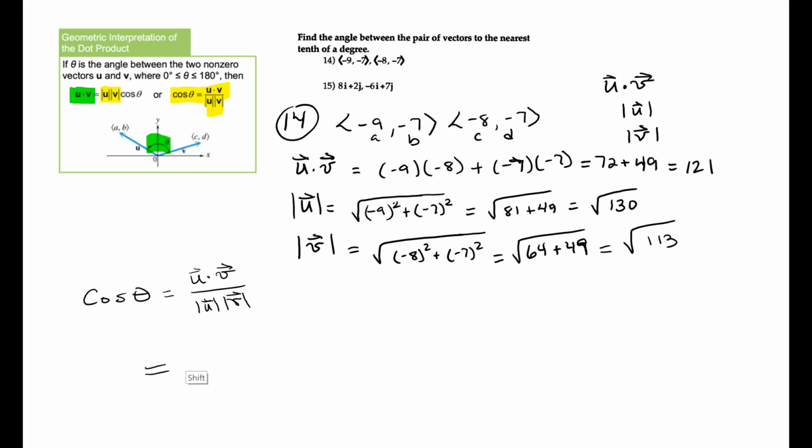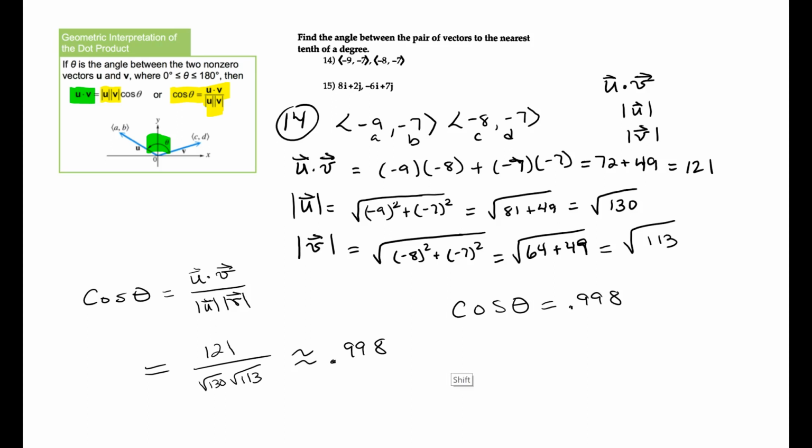So the dot product is 121 divided by the square root of 130 times the square root of 113. You plug that in the calculator and you get an approximation of 0.998. So we can say the cosine of the angle theta is equal to 0.998. But that does not give us the angle between the two vectors.